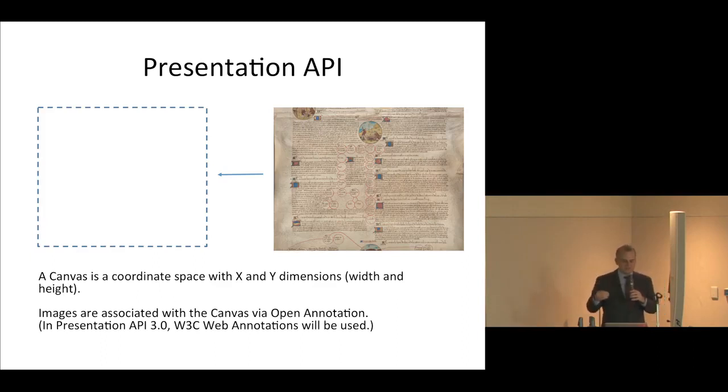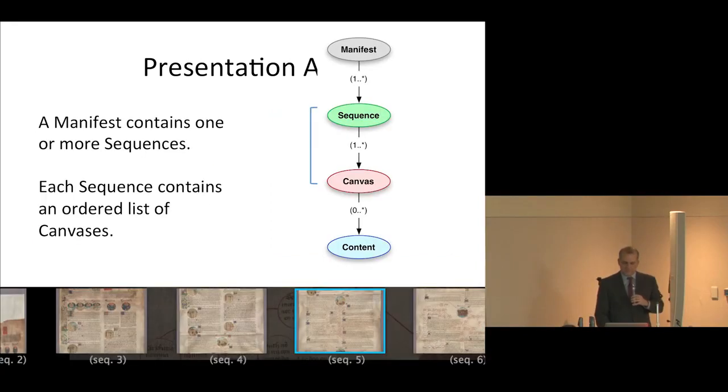In the coming version of the presentation API, we will use W3C web annotations, which is a W3C standard. Each manifest that represents the object contains one or more sequences of these canvases, and each of those sequences gives you the page order view that you would see at the bottom of the screen, or if you look in Mirador across the bottom, or in Universal Viewer down the side of the screen.